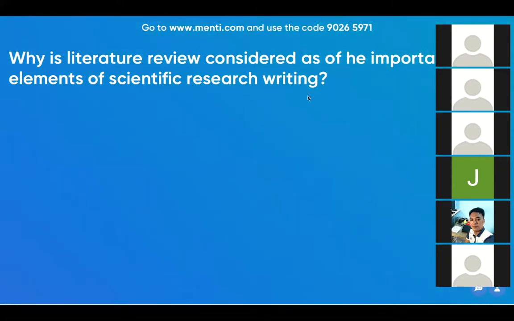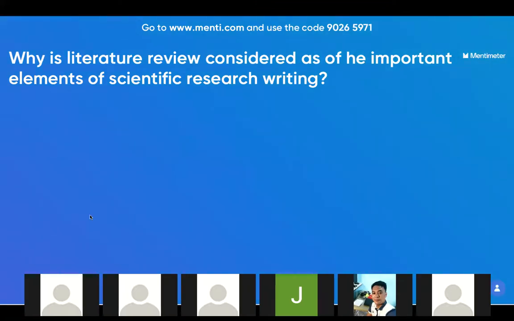Again, you go to www.menti.com and the code is 90265971. And try to answer the question, why is literature review considered as... Ano yan? Typographical error.